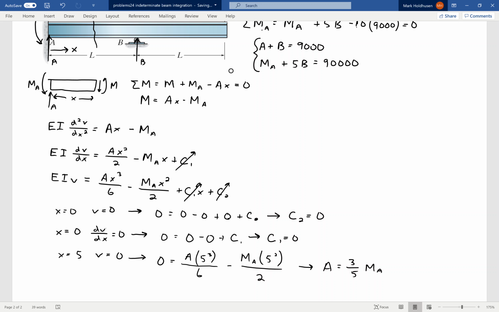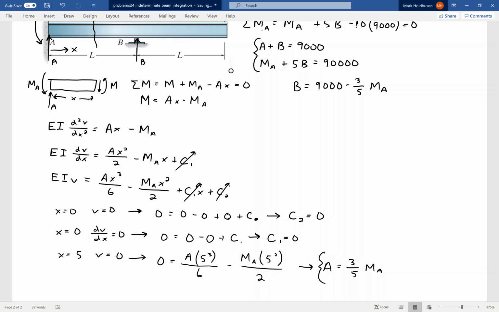So now I have three equations and three unknowns. This is my third equation, essentially. Taking that first equation, I know that B equals 9,000 minus 3/5 MA.